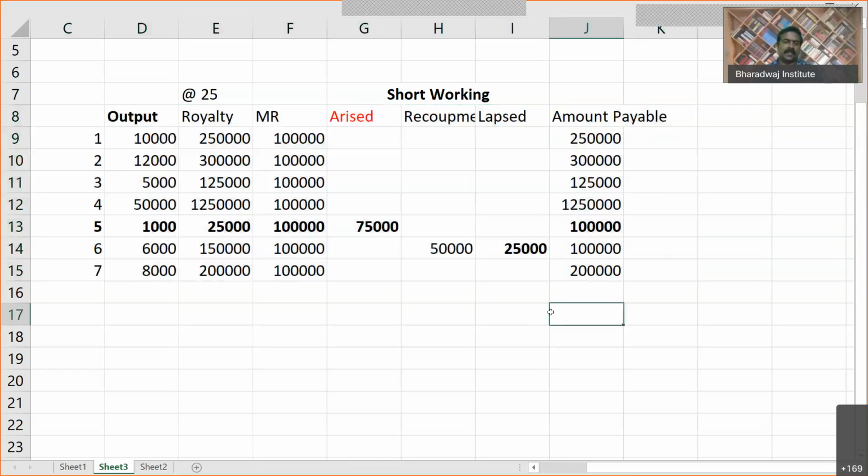Preparation of ledger accounts cannot be tested in royalty. Even in a lengthy question of 5 or 6 marks, royalty can be tested for a maximum of 6 marks. If it is tested, it will be about how much is lapsed, how much has arisen, or how much is recouped. Only that kind of questions can be tested.